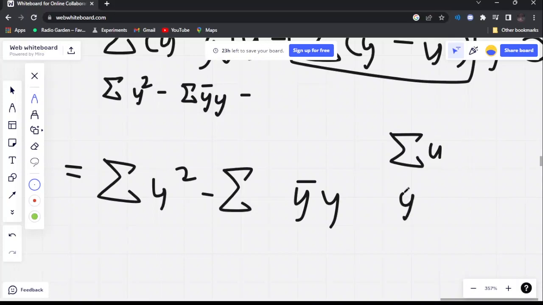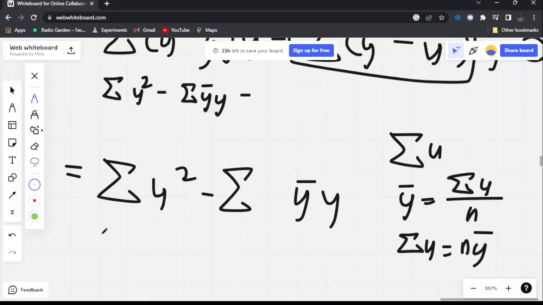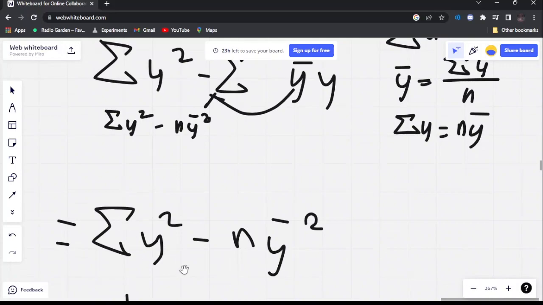Using the formula of the mean of y, which is the summation of y over n, we could write an equation that equates to summation of y. So we would have n times y bar. So in rewriting this, you would have summation of y squared minus n. Since we have y bar here, we put this outside. So we have n times y bar squared. And that's it for the y also.